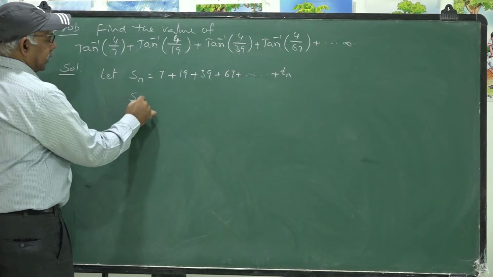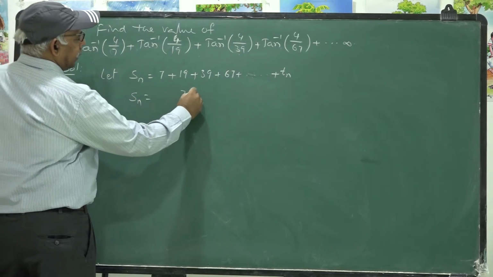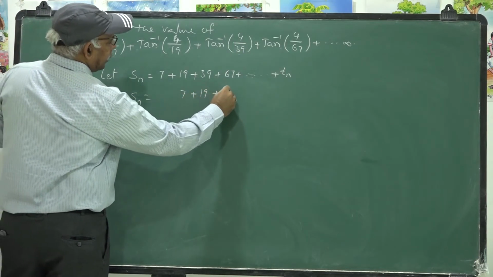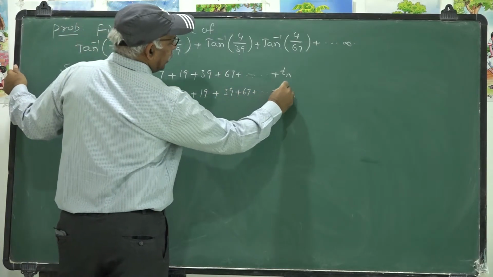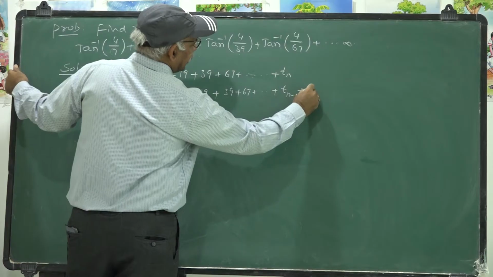The same Sn may be written as 7 plus 19 plus 39 plus 67 and so on, Tn minus 1 plus Tn.